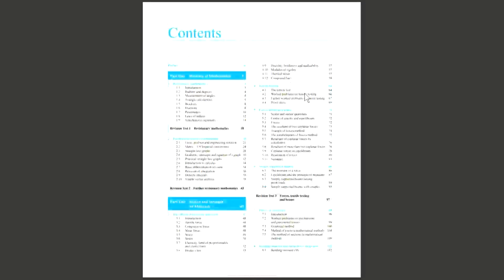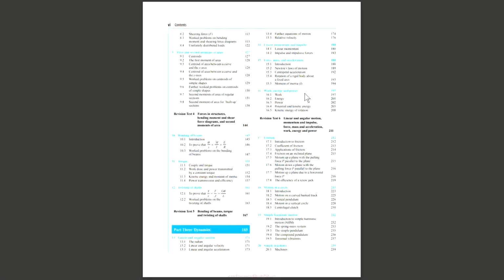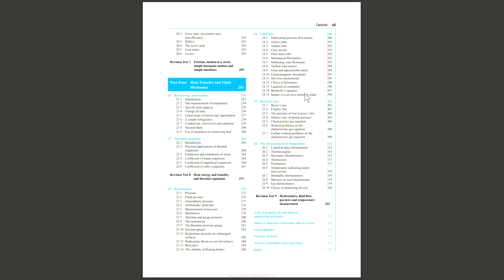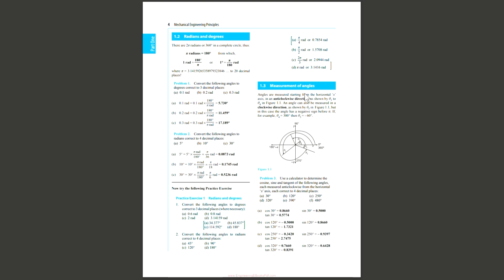Here, this is general mathematics. Then you have part 2, which is statics and strength of materials, and you have dynamics. You have core mechanical engineering subjects and topics, and so we are still grazing the surface. That's just a by the way information.